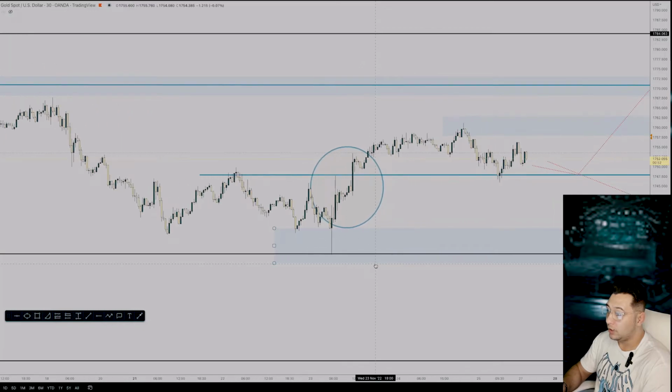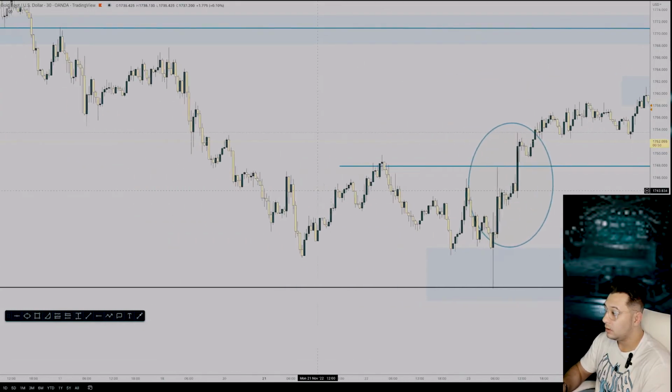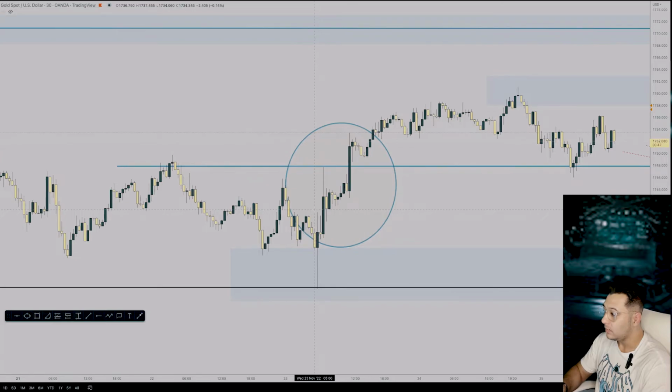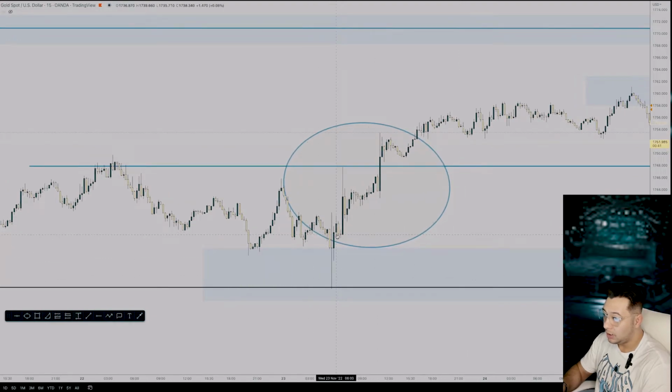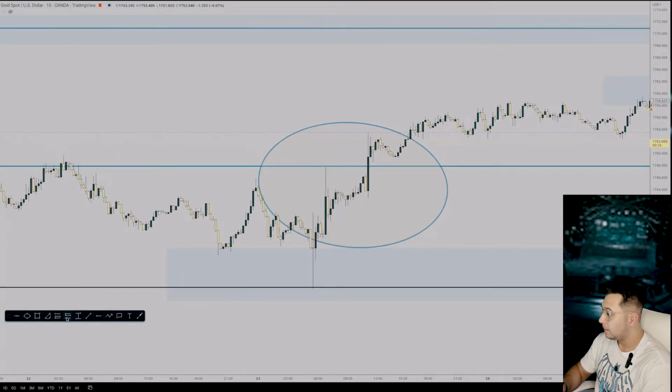So here's trade one that I took. We can see there's a few things here. I bought right here in anticipation of a breakout trade originally, like it did right here on this candle.